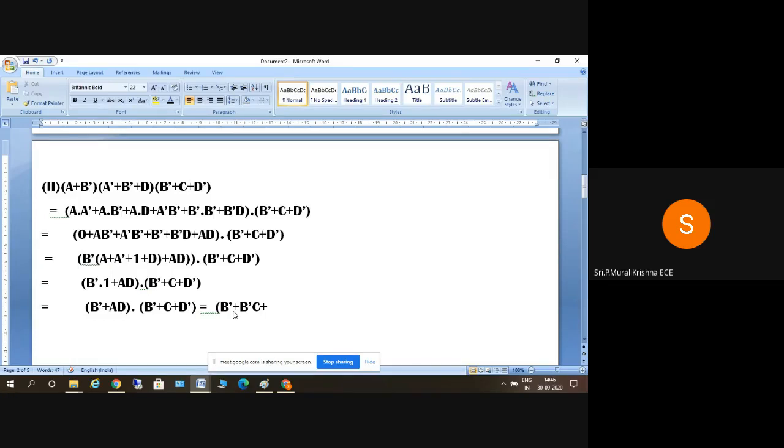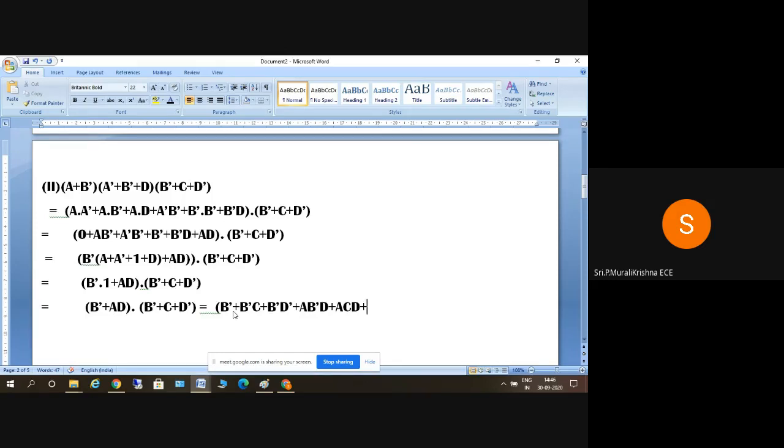Next, b bar c plus b bar d bar, plus multiply all this with ad: a b bar, plus a c d, plus a d into d bar.